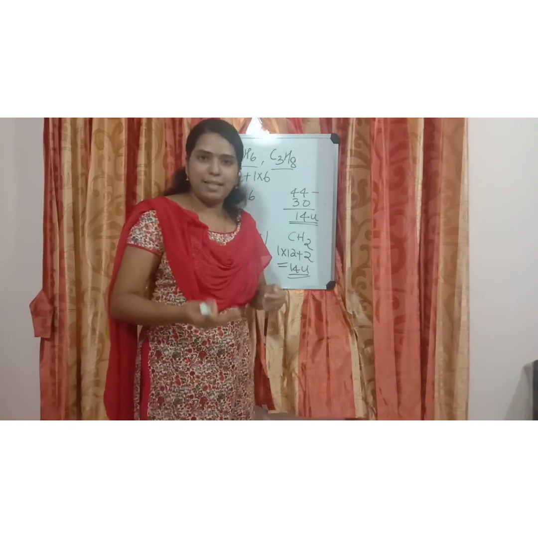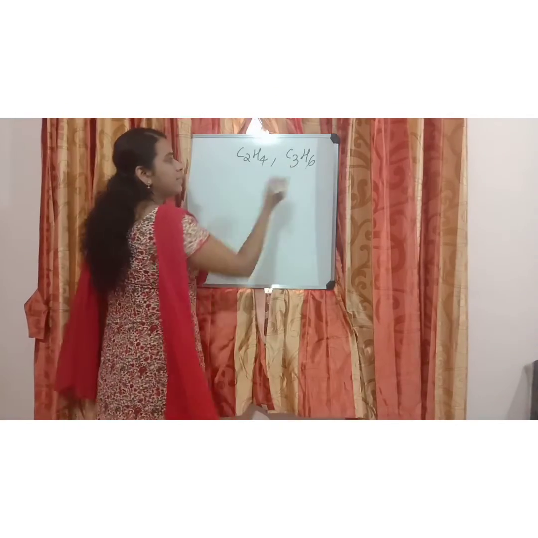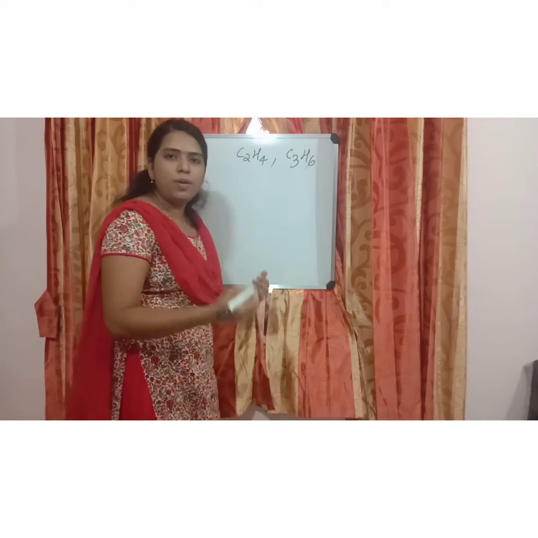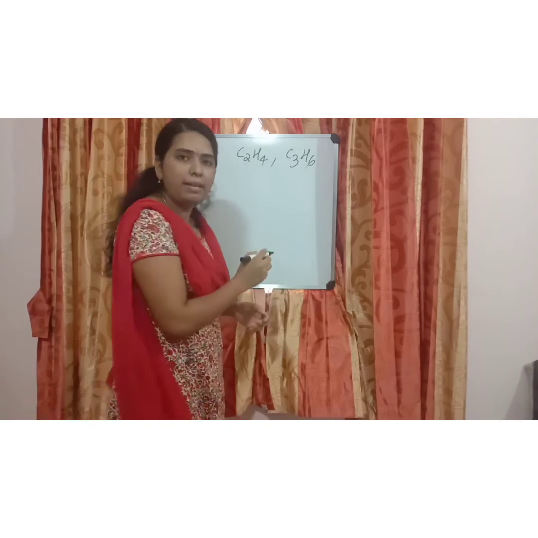Okay, next let us take another example. Next, can you find out the difference in molecular masses of ethene and propene? These two come under the alkene family. So let us calculate the molecular masses of these two compounds. First we are going to calculate the molecular mass of ethene.